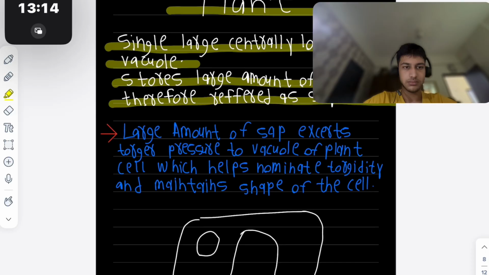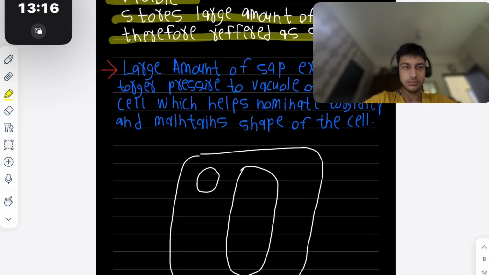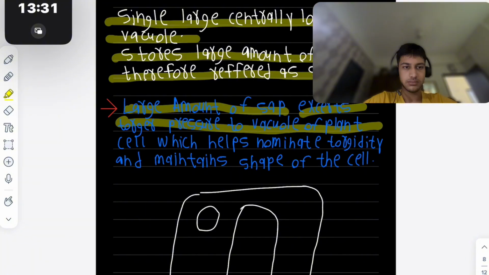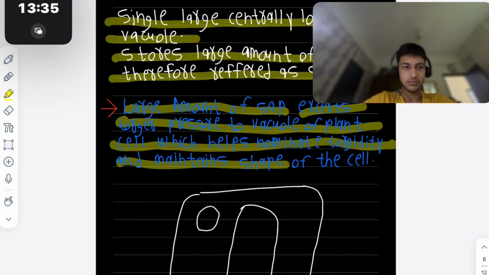So what is this sap? Sap is the liquid that gives the plant turgidity to stay rigid. A large amount of sap exerts turgid pressure on the vacuole of the plant cell, which helps maintain turgidity and the shape of the cell.